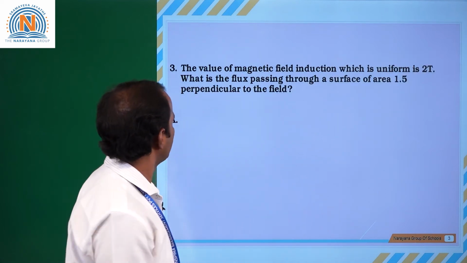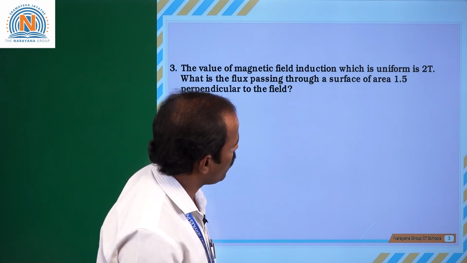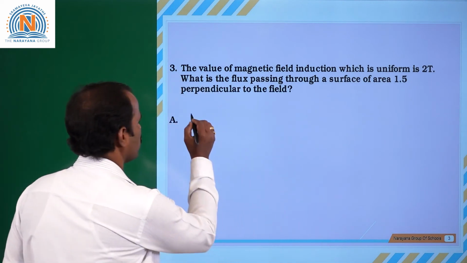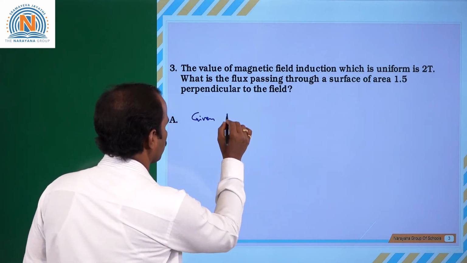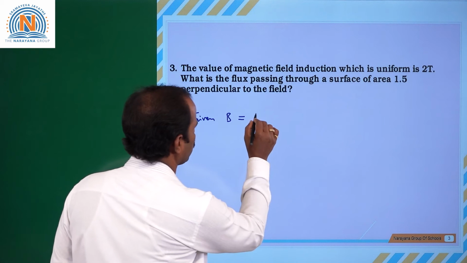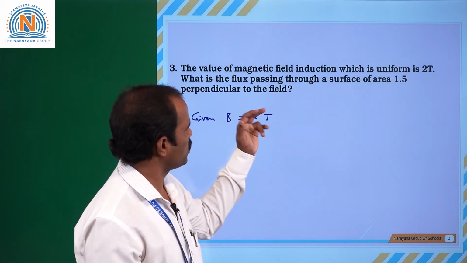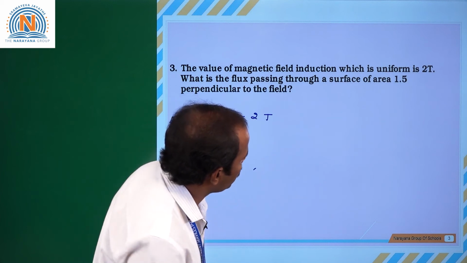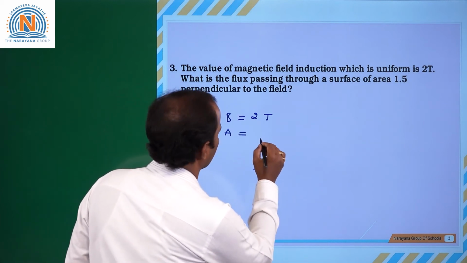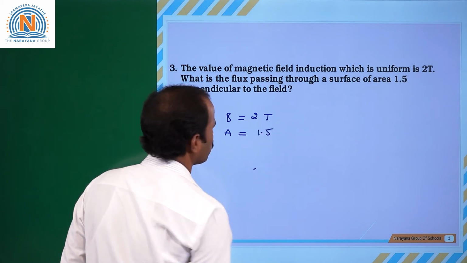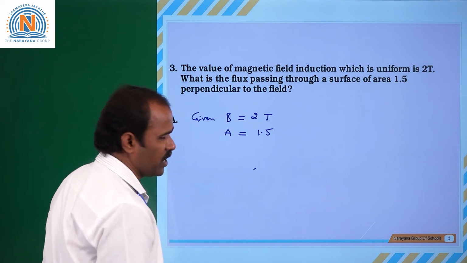Next question. The value of the uniform magnetic field induction is given as 2 Tesla. What is the flux passing through a surface of area 1.5, perpendicular to the field?